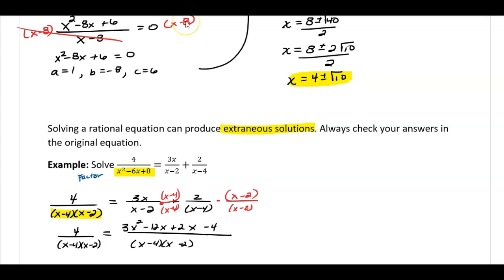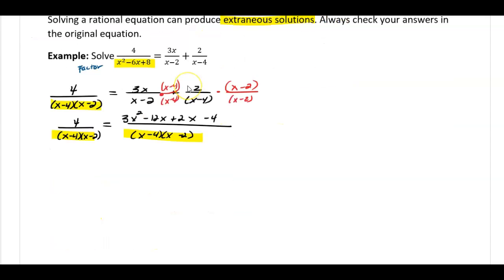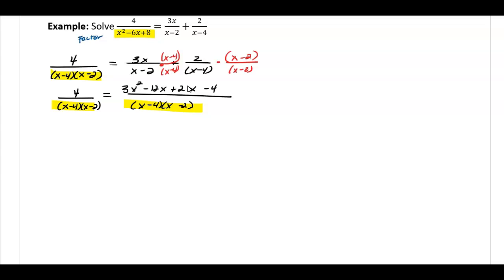Now notice, because these are two fractions that have the same denominator, that means I can essentially ignore that denominator and only look at what's happening in that numerator. So now I have 4 equals 3x squared minus 10x minus 4. Well, let's go ahead and make sure this is a 0. Get all of our terms on one side.